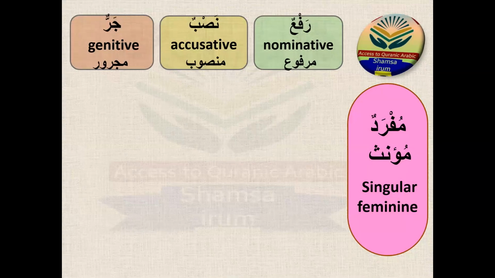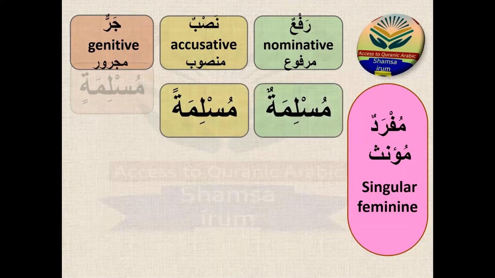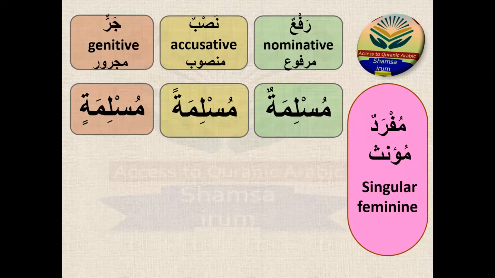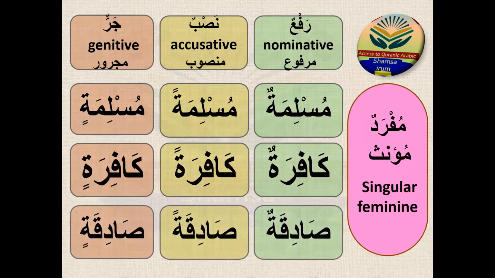All right. Now I will show you the mufrad muannas, singular feminine examples. Muslimatun, muslimatan, muslimatin. Now you notice, okay, the next row is kafiratun, kafiratan, kafiratin, sadiqatun, sadiqatan, sadiqatin.